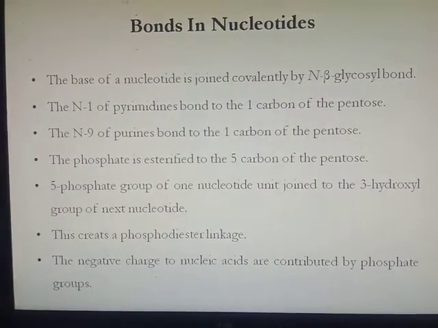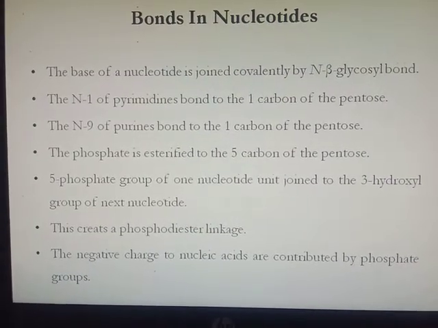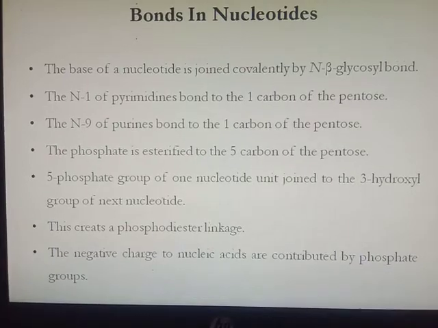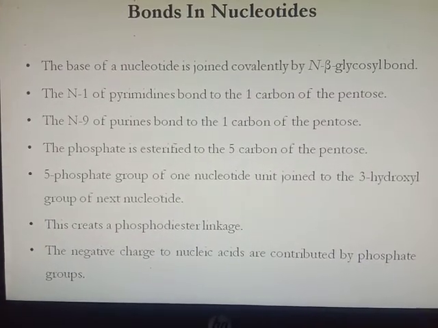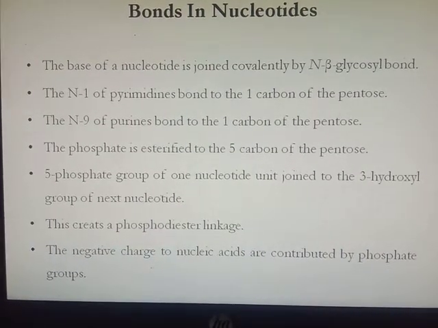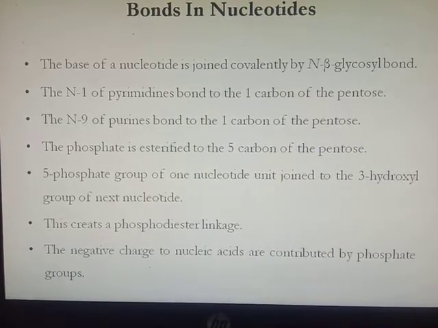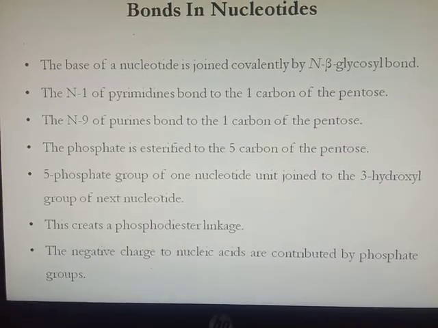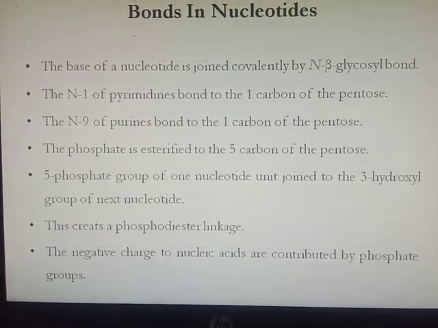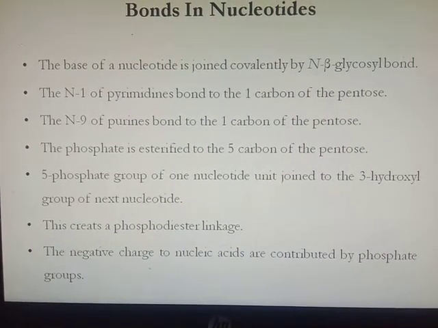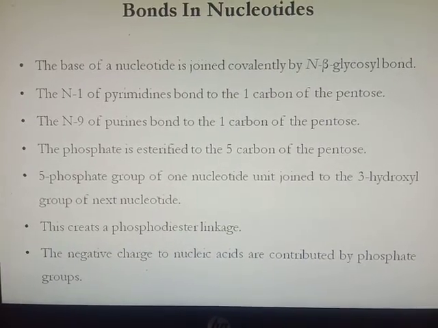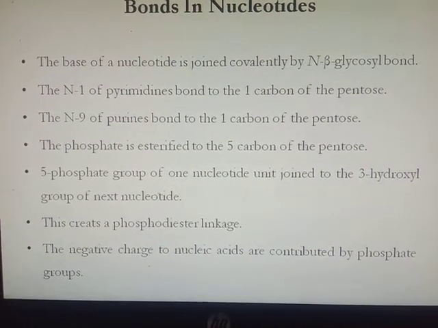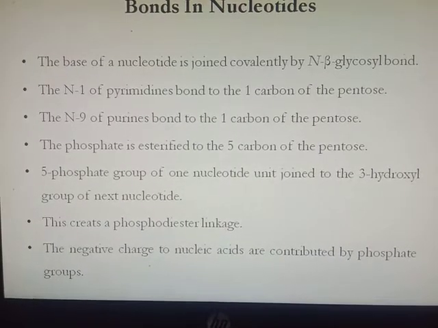Phosphate is linked to the fifth carbon of ribose sugar, whereas the nitrogenous base of pyrimidine is linked to the first carbon of pentose sugar through N1, whereas in purines, which are 9-member rings, the N9 of purine binds with the first carbon of pentose, meaning ribose sugar. The phosphate is esterified to the fifth carbon of pentose.